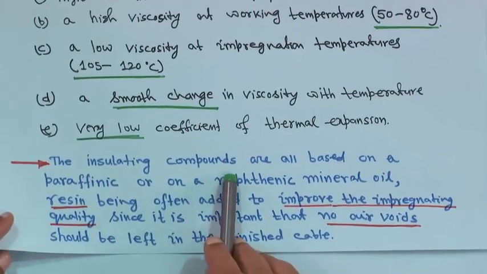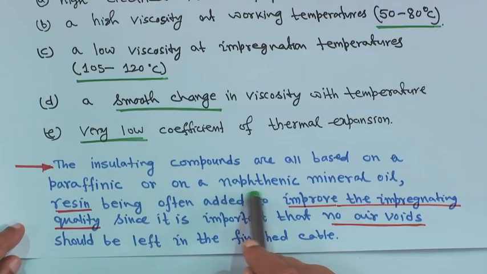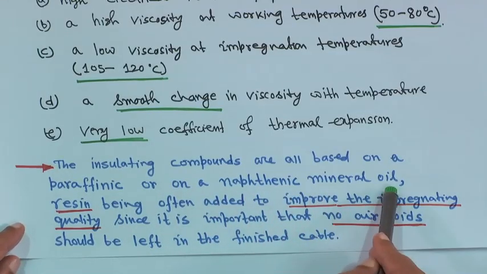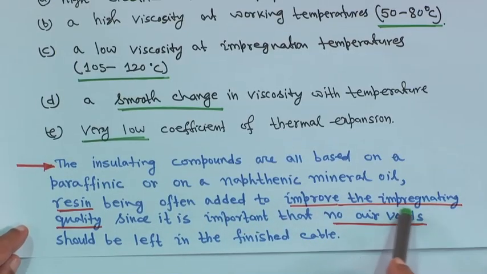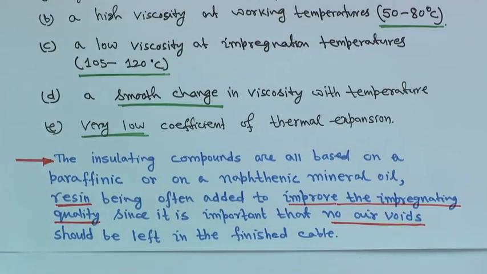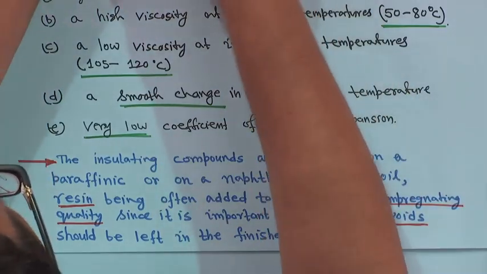The insulating compounds are all based on a paraffinic or a naphthenic mineral oil, with resin often added to improve the impregnating quality, since no air void should be left in the finished cable. When the cable is manufactured, there should not be any void, otherwise it will create problems.